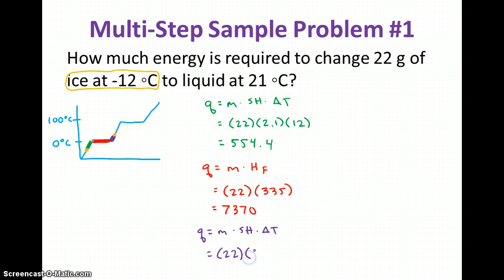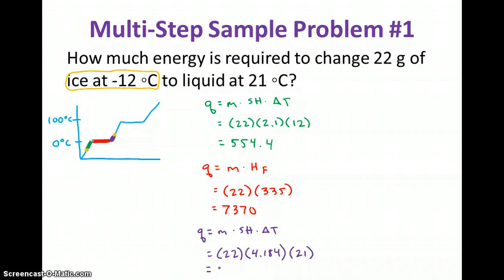The specific heat for liquid is 4.184. And the change in temperature, well, we are at 0 when we're done melting, and we increase to 21 degrees Celsius. So 0 to 21, that's a 21 degree temperature change. This comes out to be 22 times 4.184 times 21.